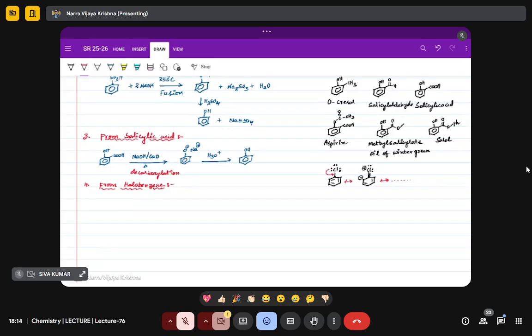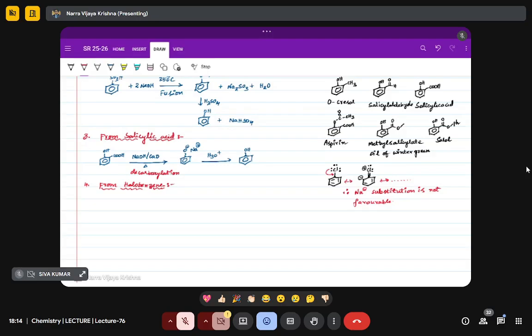Therefore, nucleophilic substitution is not favorable. Any questions on this? Because of the double bond character, that is the reason we need to provide high temperature and pressure.